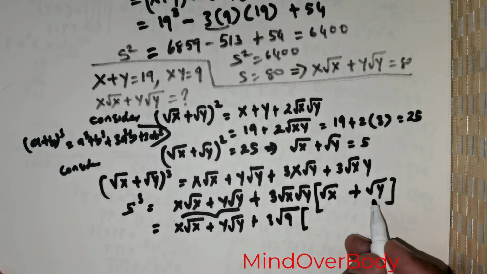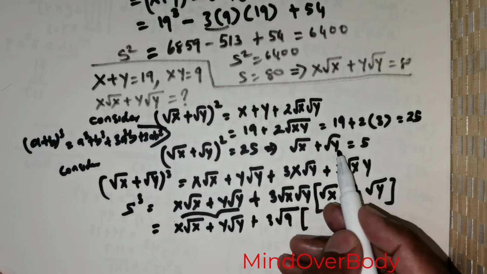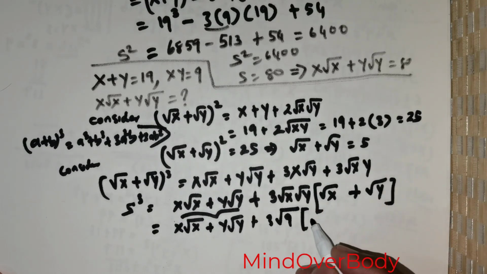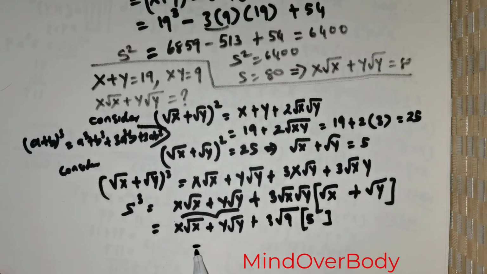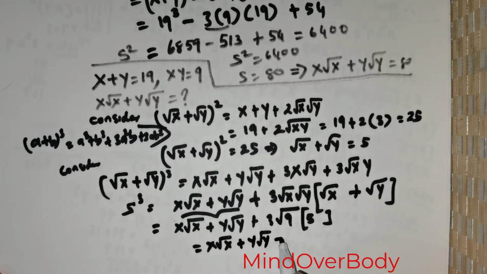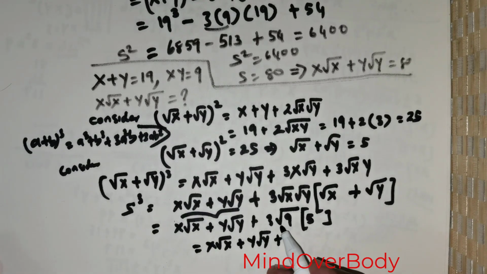And root of x positive root of y. Now root of x positive root of y is 5. So we can just place that 5 there. So now this is equal to x times root of x positive y times root of y positive 9 times, in fact this is root of 9 is 3. 3 times 3 is 9. 9 times 5 is 45. So let me place that.